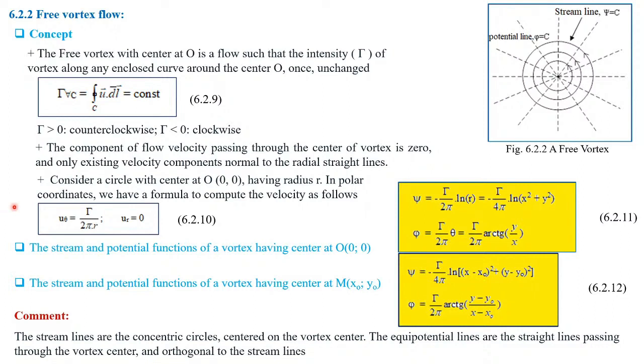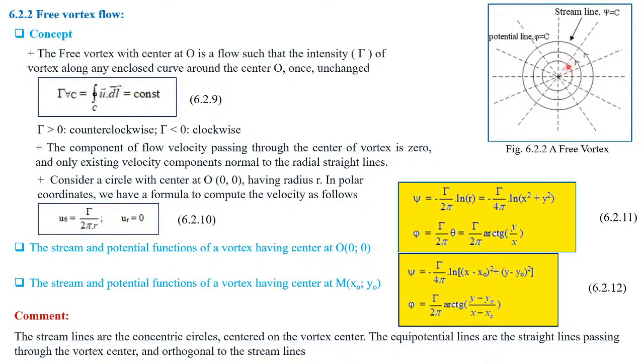So you can see if we take a circle around the center O, this circle, then the velocity is tangent to this circle, and the velocity normal to the circle, that means passing through the point O, is 0.